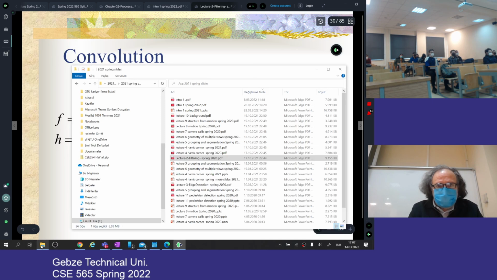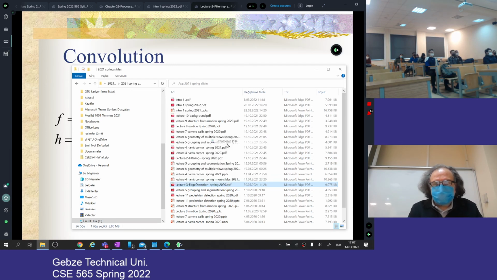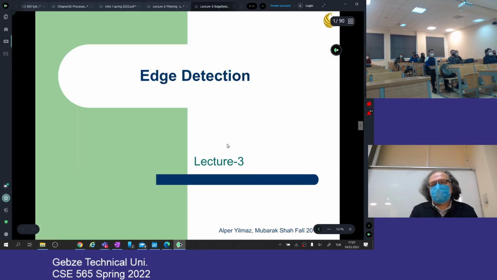If there are no questions, let me start topic number 3, which is edge detection. Using all these things that we have learned, we are going to talk about edge detection. I have stolen these slides from Mubarak Shah and Alper Yilmaz, and they have taken lots of input from other people and blended in some other slides. So at the end I forgot where I got them most of the time, but they are not mine.